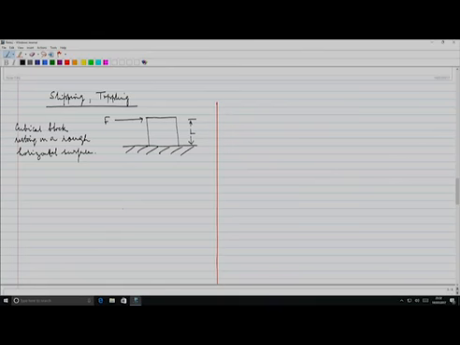The coefficient of friction is so high that the block does not slide before toppling.